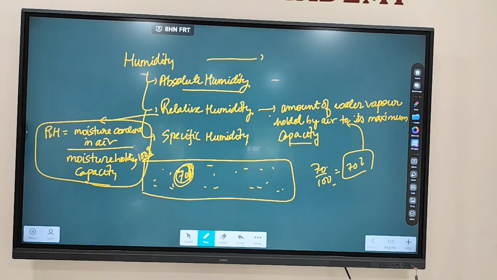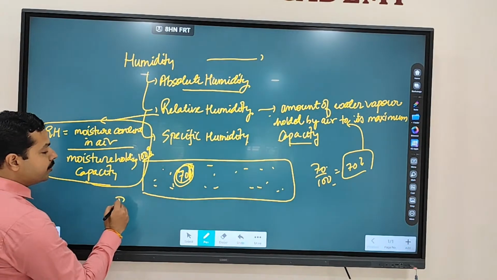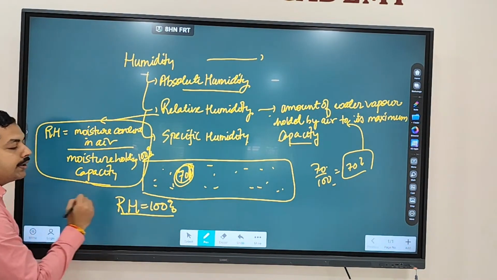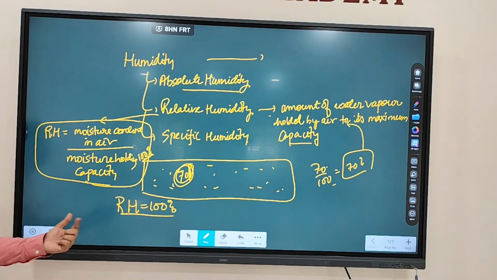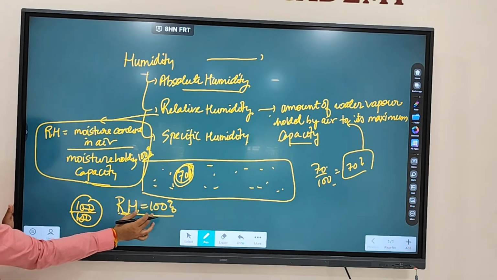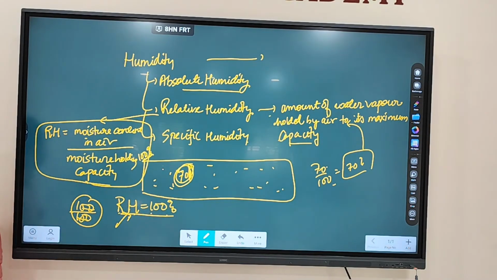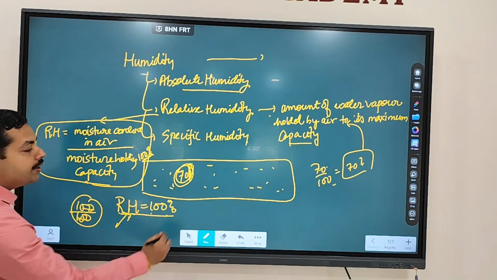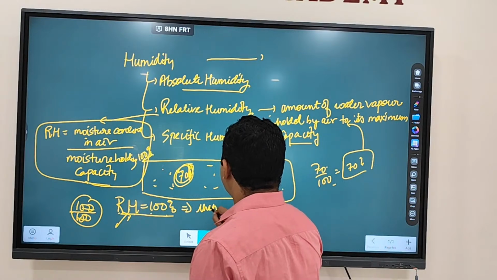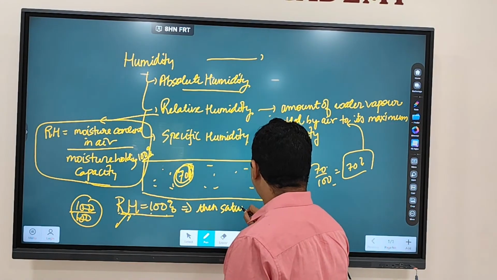So as we discussed, when the relative humidity becomes 100%, what does it indicate? It means the moisture content in the air equals the moisture holding capacity. It is holding the maximum, so relative humidity becomes 100%. When relative humidity becomes 100%, we call it saturated air.